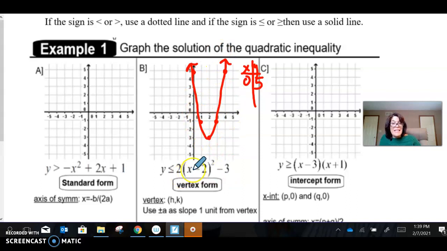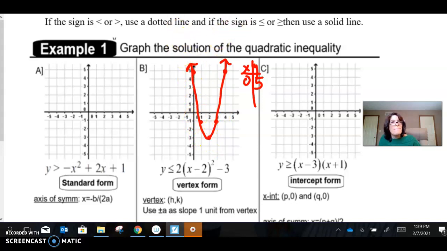That would be fantastic if this said equals. It doesn't say equals. It says less than or equal to. So we want the y coordinates that are less than the y coordinates on this graph. Where am I going to shade if I want to shade the y coordinates that are less than the y coordinates on this graph?